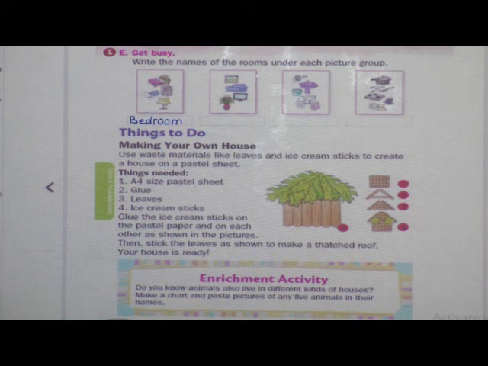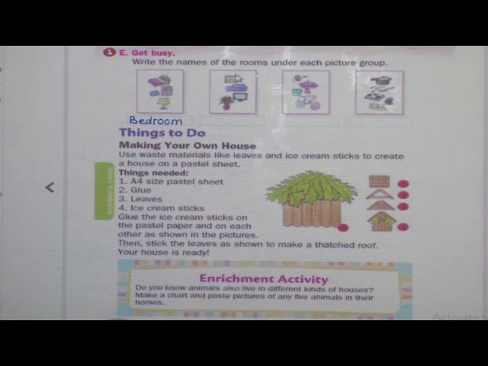Next picture. See, what do you see in this picture? One wall painting is there, sofa set is there, see, television is there and flower vase is there. In which room do you find these things? Sofa set, television, wall paintings.